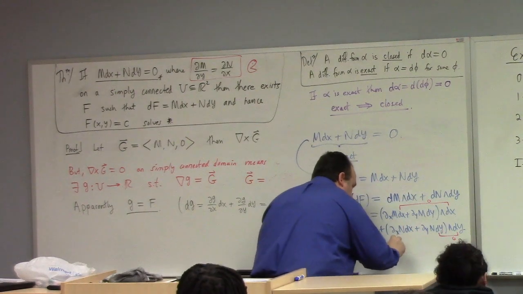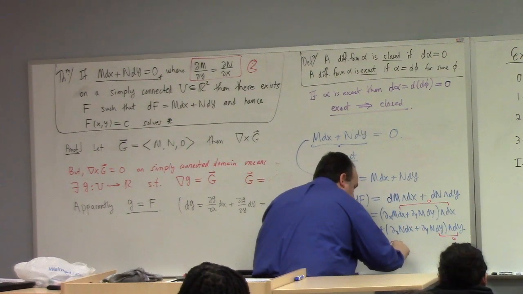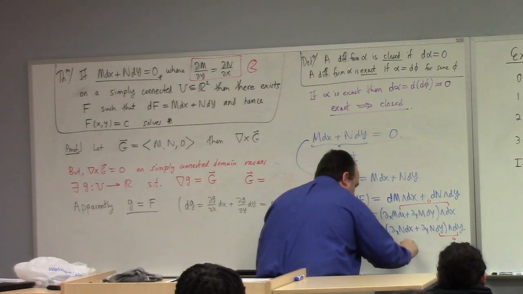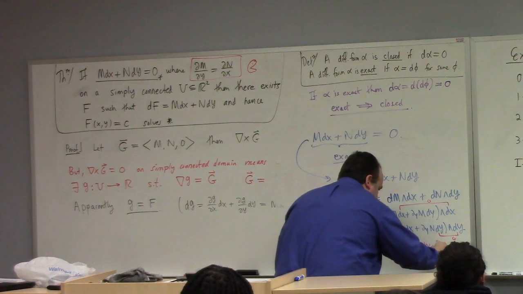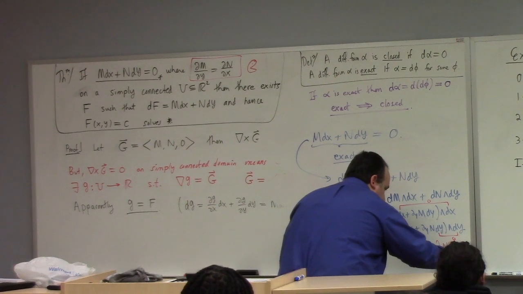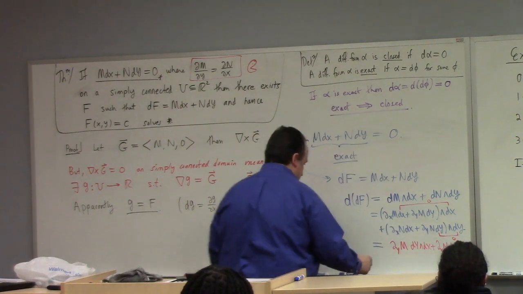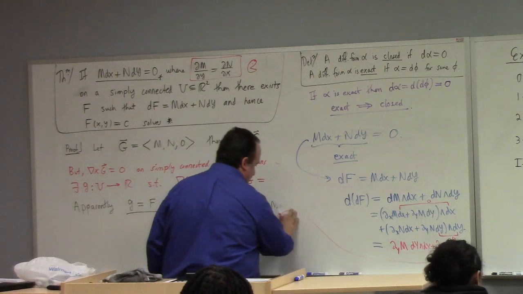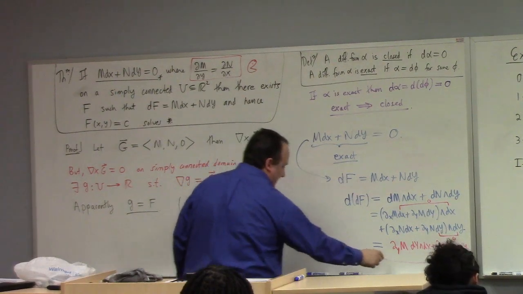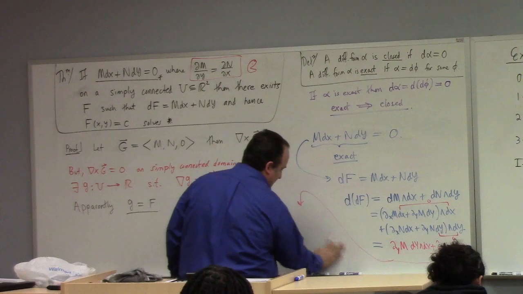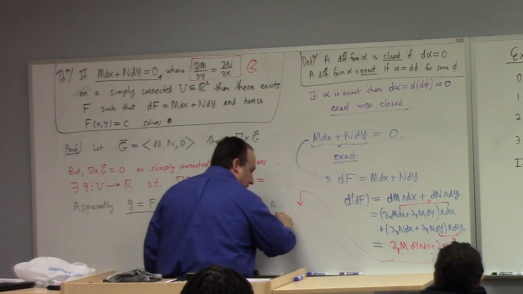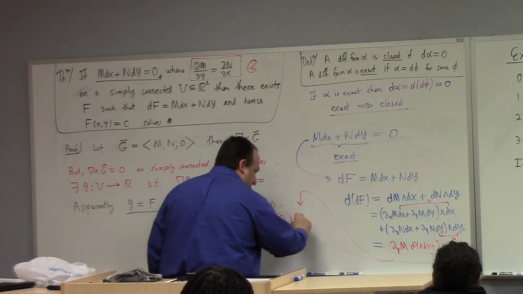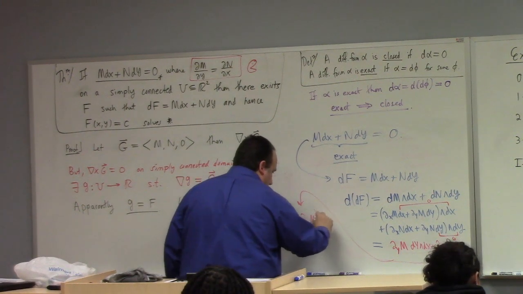And we're just left with partial y M dy wedge dx plus partial x N dx wedge dy, which is partial x N minus partial y M, dx wedge dy.